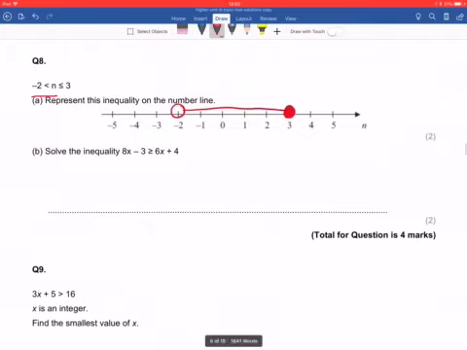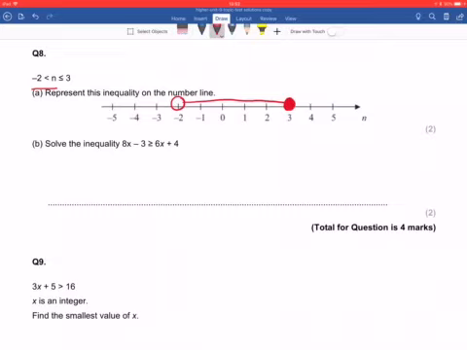Right, now, when you have an inequality, what you have to do is treat this as an equal sign and treat it as a normal equation and solve it, but then put that sign back in afterwards. Okay, so when I've got x's on both sides, the first thing I want to do is SS, which is subtract the smallest number of x's.